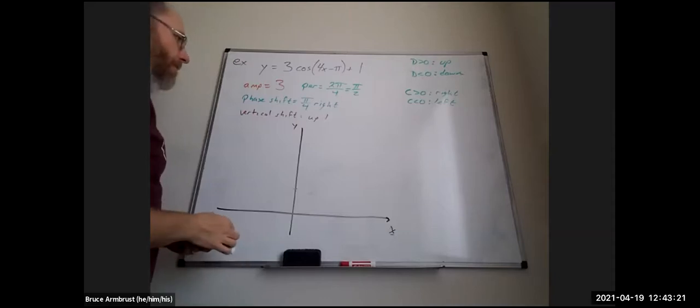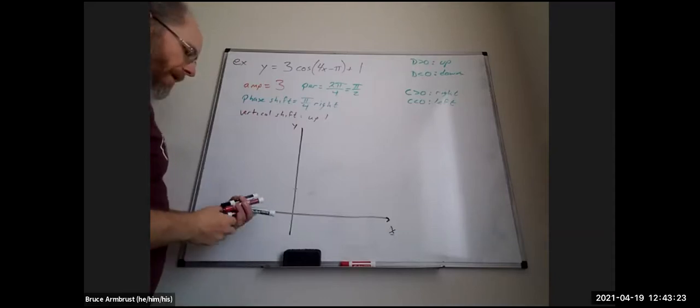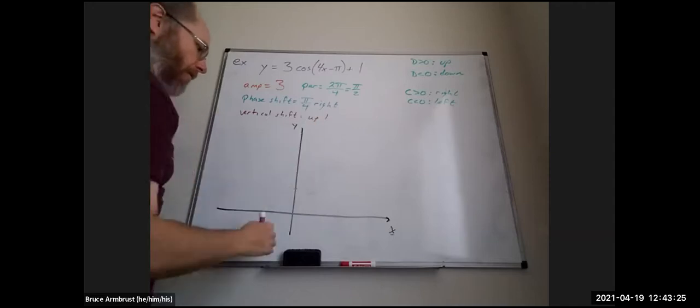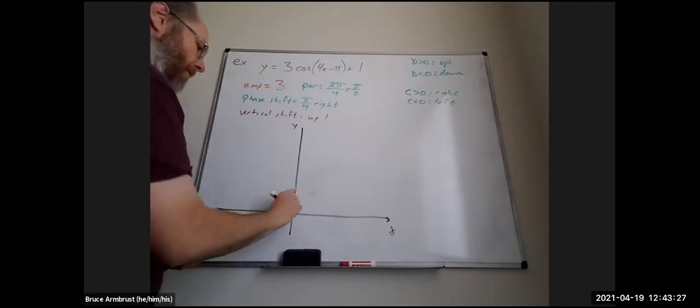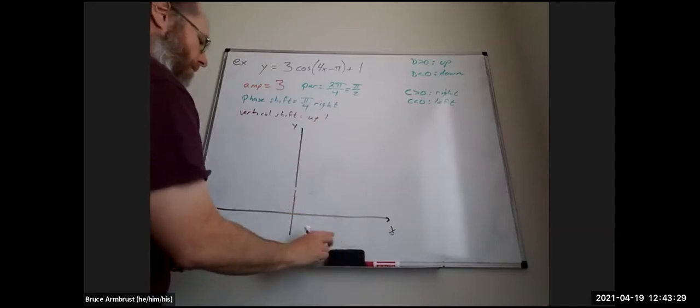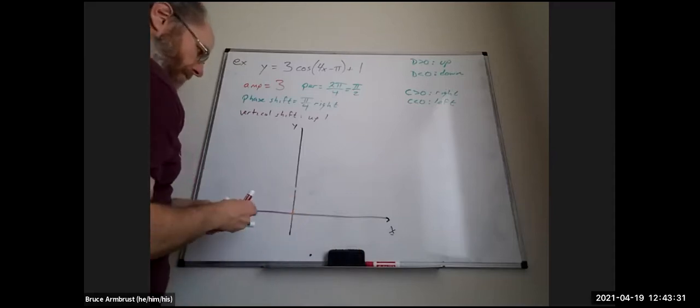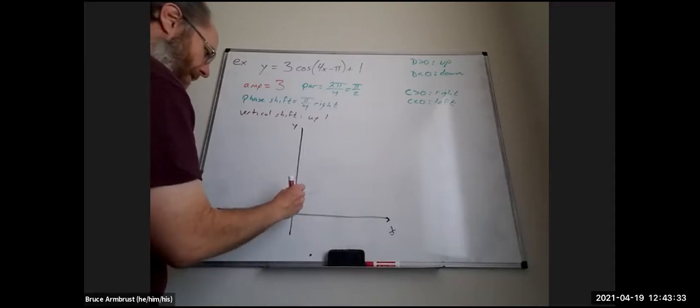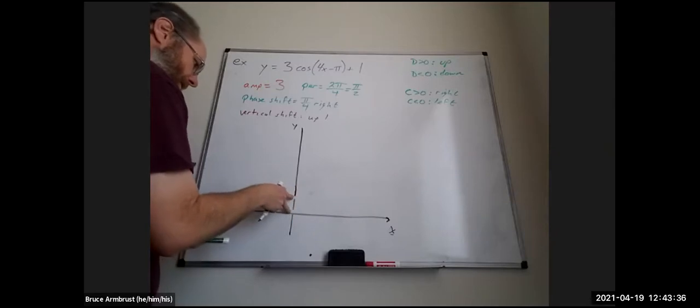My vertical shift, I went up 1. So what I'm going to do is out here at 1, wherever that happens to be. Hold on, let me put some tick marks on here.